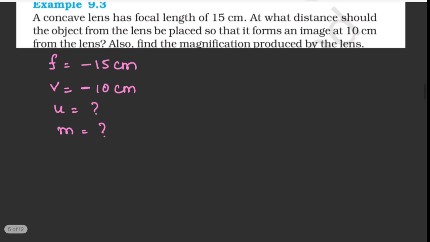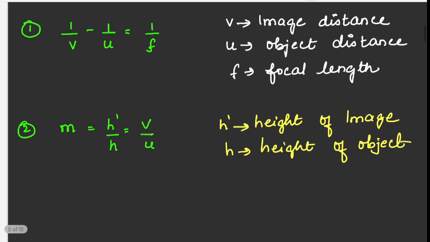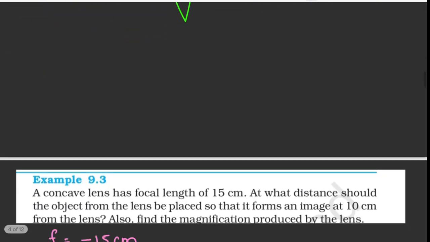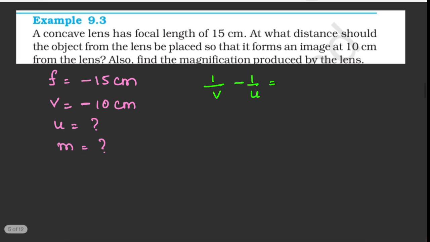Now first let us use the lens formula. The lens formula I have already given here: 1 by v minus 1 by u is equal to 1 by f. Write the formula, 1 by v minus 1 by u is equal to 1 by f.